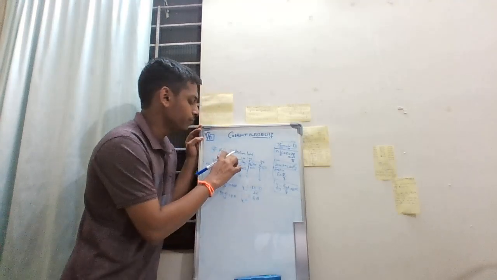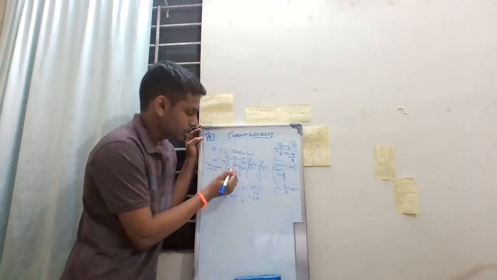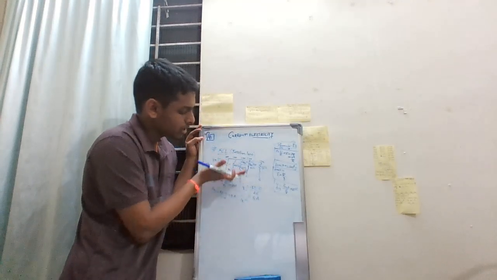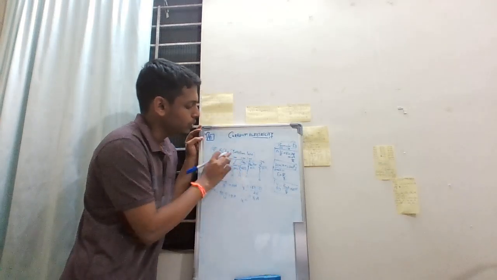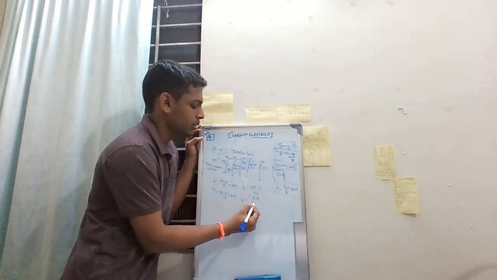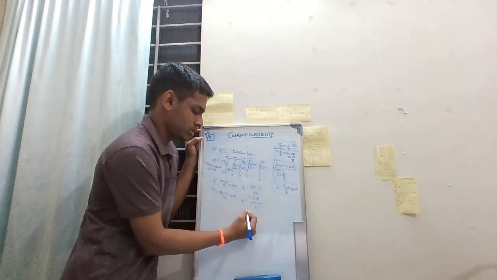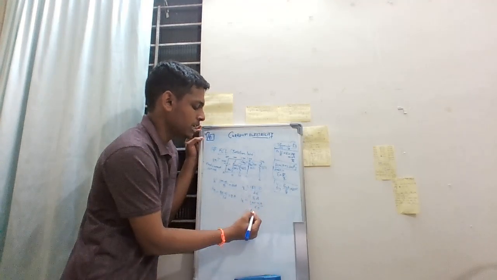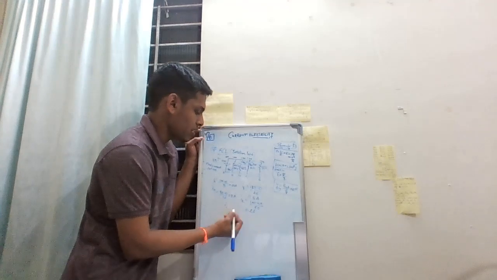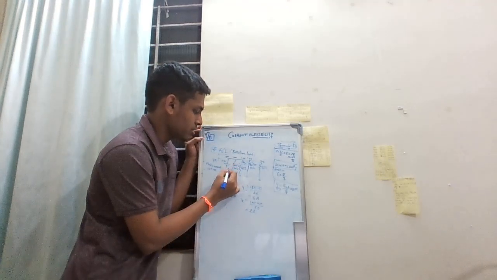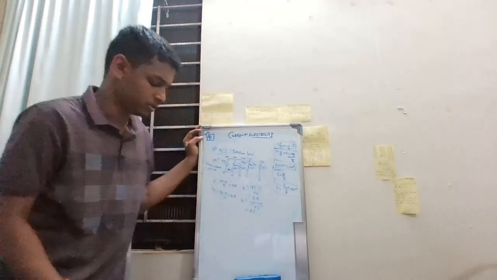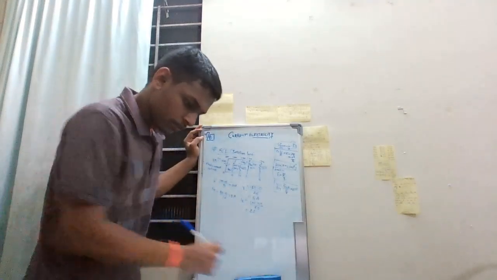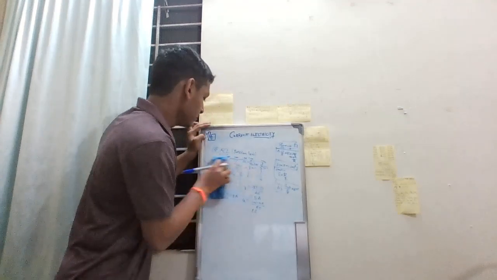I2, if we come up to this point, it would be 40 volts, so 100 minus 40 by 60, this is 1 ampere. And for I1, there is no I1. We messed up with the numbering system. So that was question number 1.